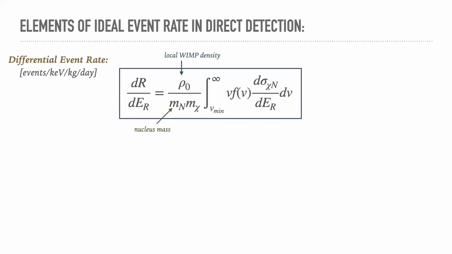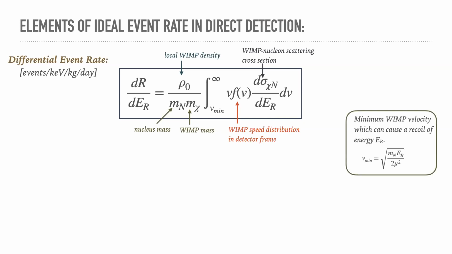We have the local WIMP density that we're using here. We're taking the formula we had and transposing it into something we can think about: the nucleus mass, the WIMP mass, and the WIMP-nucleon cross section. This f of v here is essentially the WIMP speed distribution in the detector frame, and we're always looking at the minimum WIMP velocity that can cause the recoil.